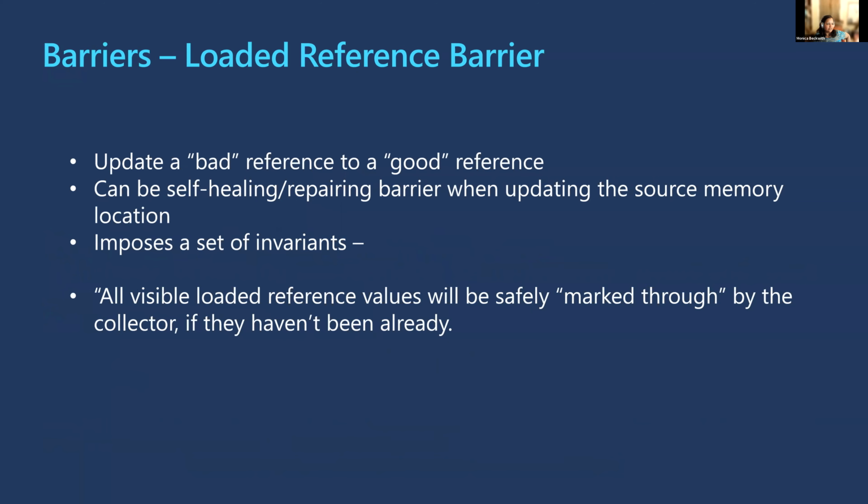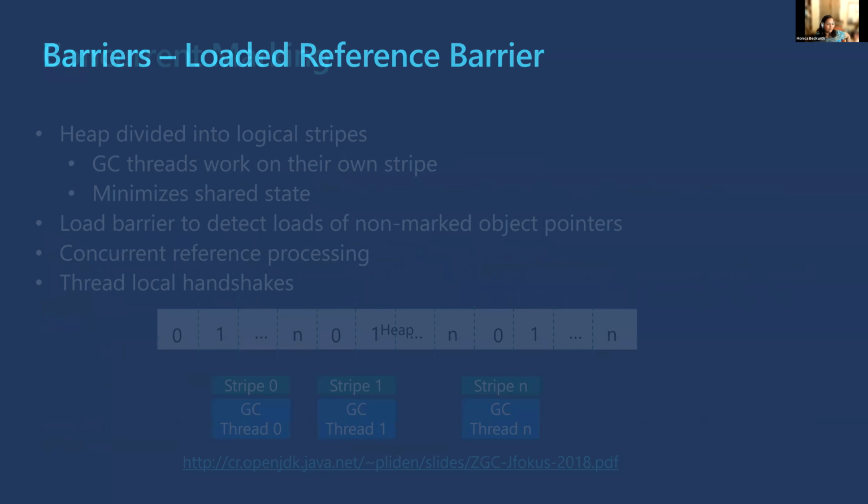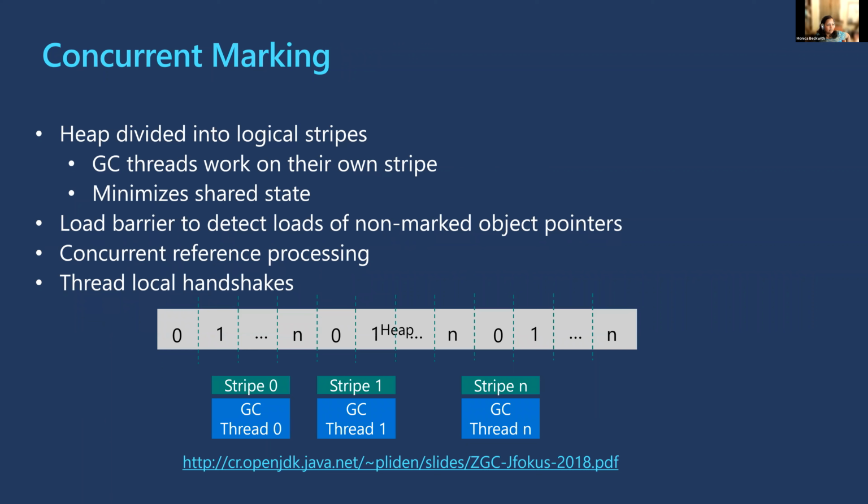Okay, so here's concurrent compaction. We talked about the barriers, concurrent marking. Remember I talked about load barriers to detect if the concurrent marking hasn't marked that object yet, and your application is trying to mutate or make changes to the live object graph while it hasn't reached that area yet.